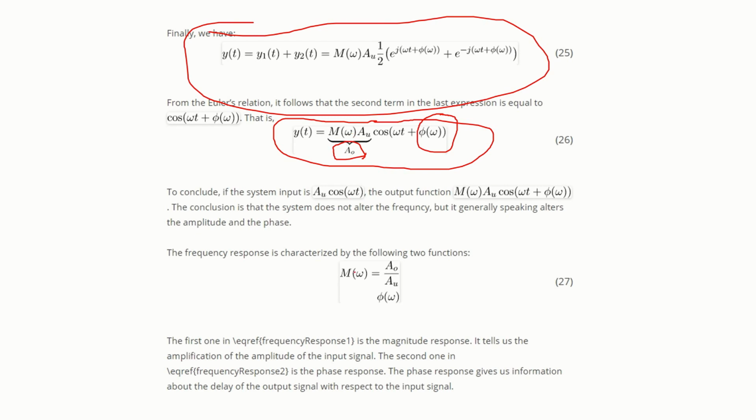Now, m of omega and phi of omega are two functions that characterize the system frequency response. Loosely speaking, m of omega tells us how much the output amplitude will be amplified or attenuated compared to the input amplitude, and phi of omega is the phase delay.